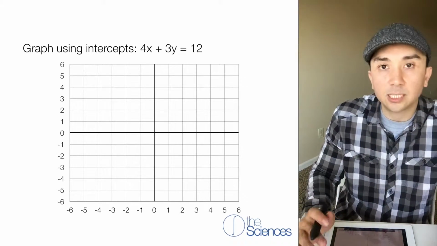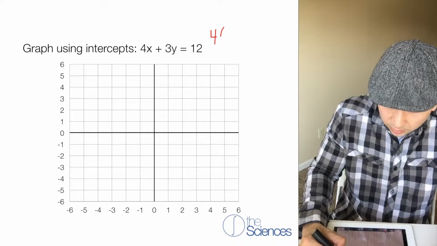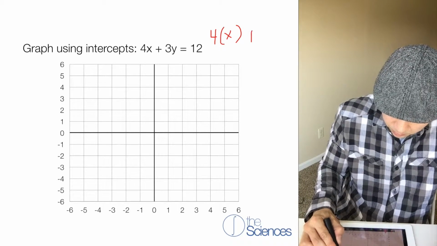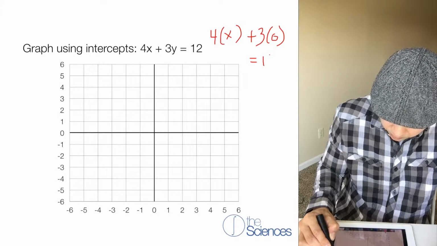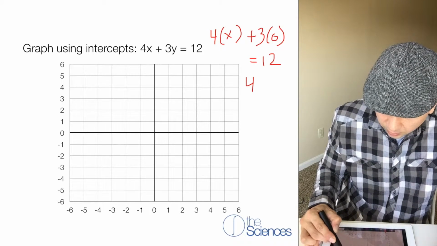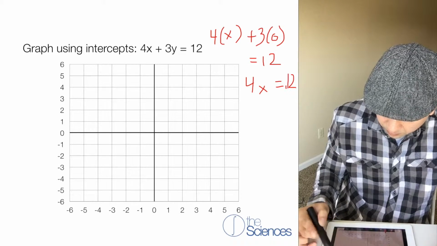So all we're going to do is substitute 0 for y. So we have 4x plus 3 times 0 equals 12. Now we have 4x equals 12.